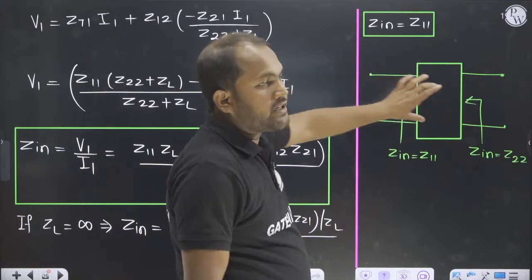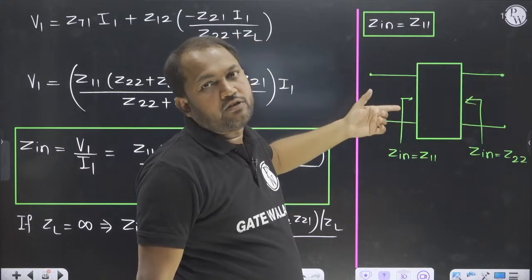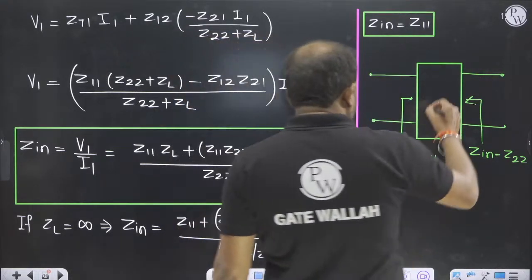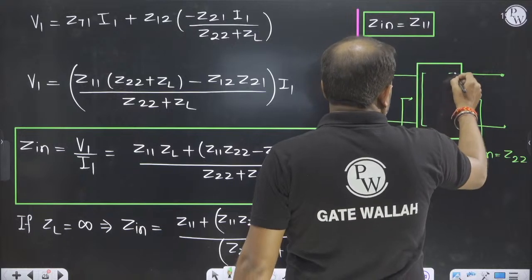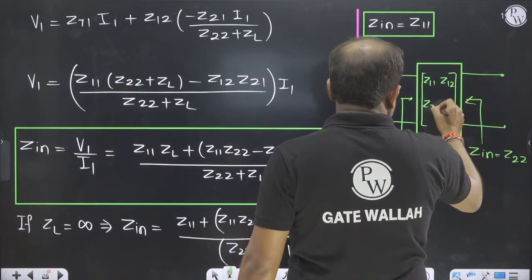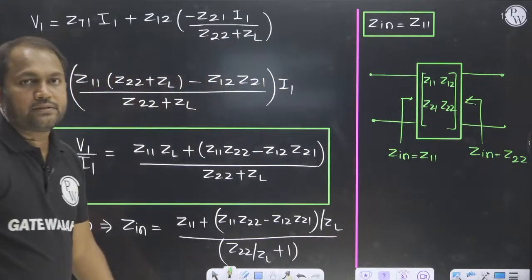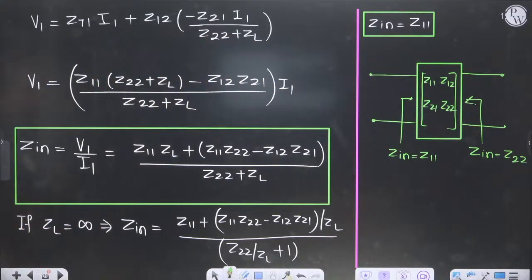If this is open circuit, Zin is equal to Z11. No problem with that. Z11, Z12, Z21 and Z22. No problem with that. Okay.